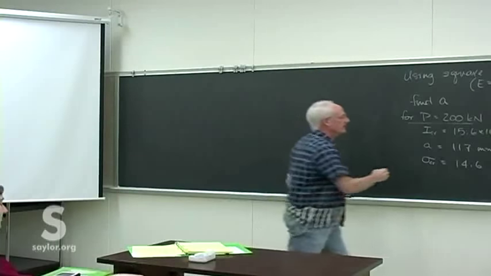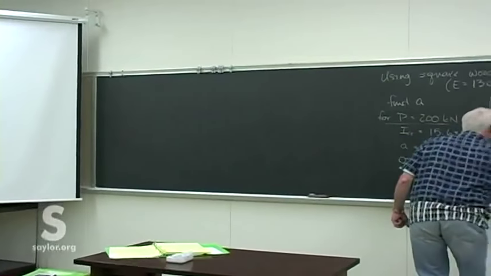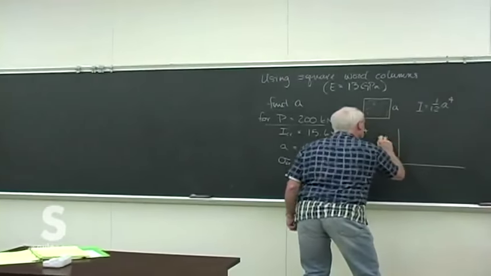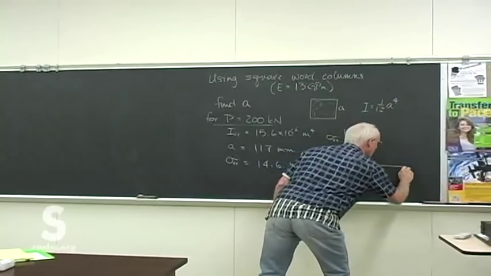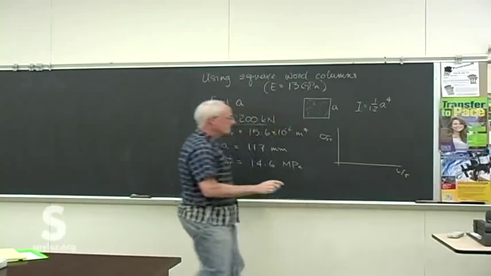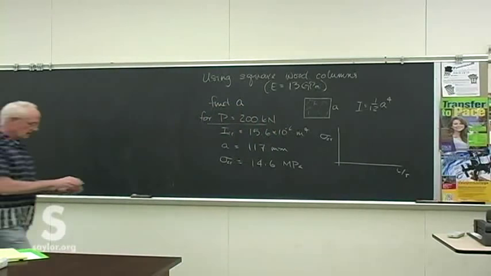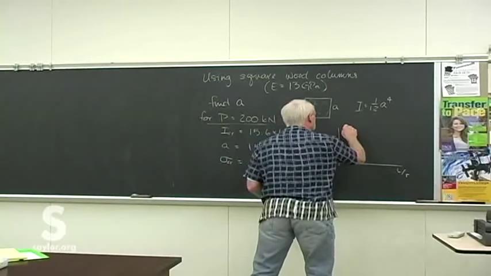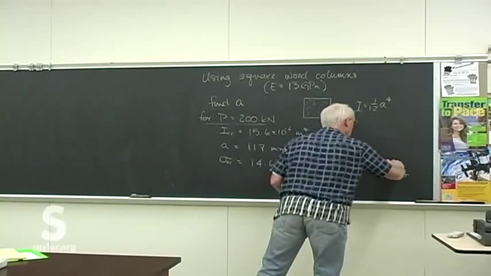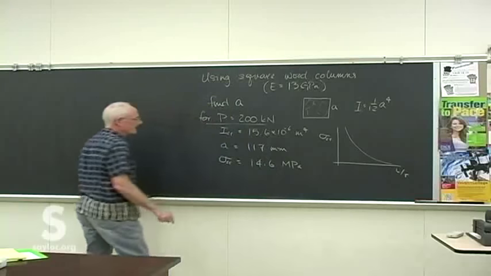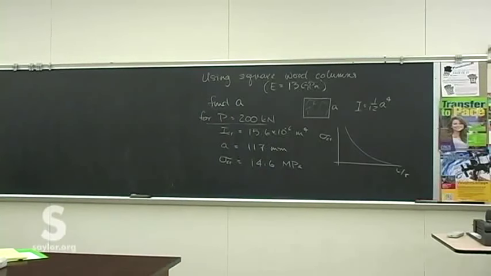For a picture of what we have going on here, we have that Euler's buckling equation. That's just the equation we came up with for the stresses a little bit earlier.